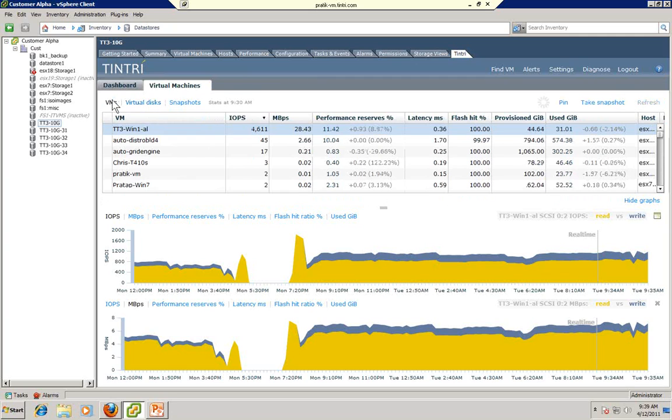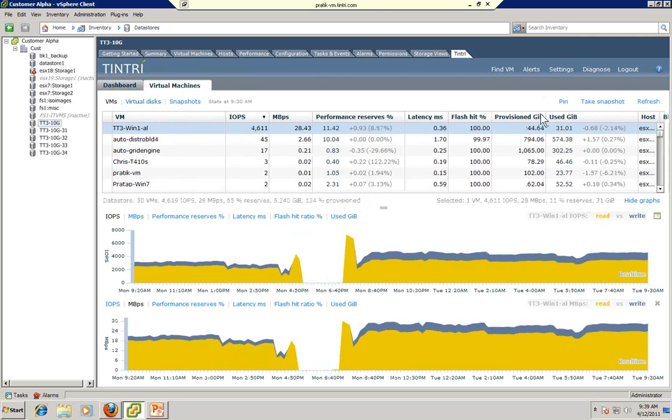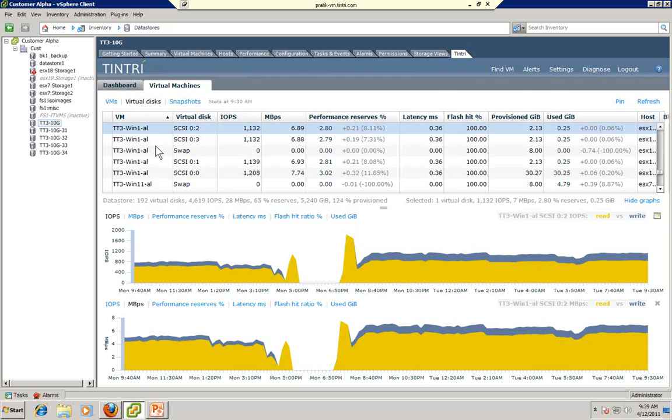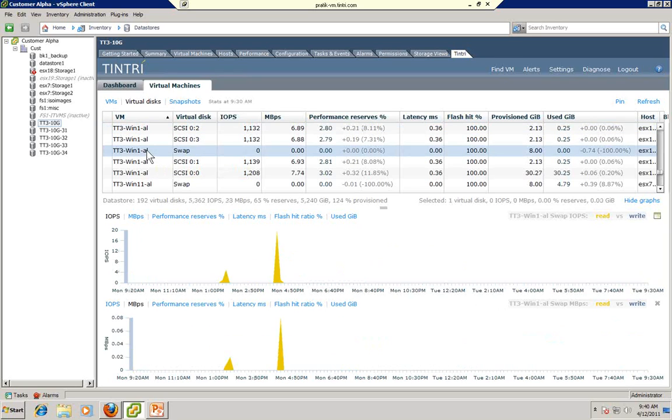The way to do that is you could essentially pick a VM and just say pin it, or you could even go down to a particular vDisk and pin the vDisk. So for example, if you wanted to say, this VM is important to me, I'll make sure that when it swaps, everything comes out of Flash.